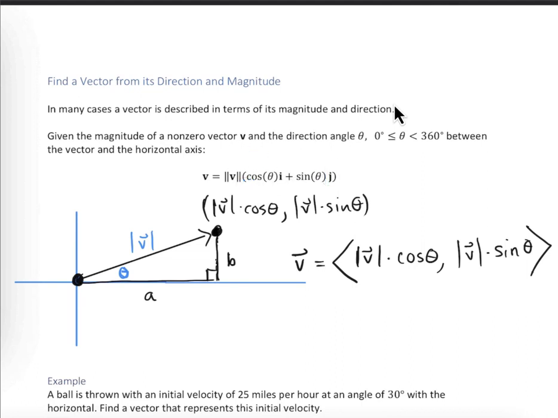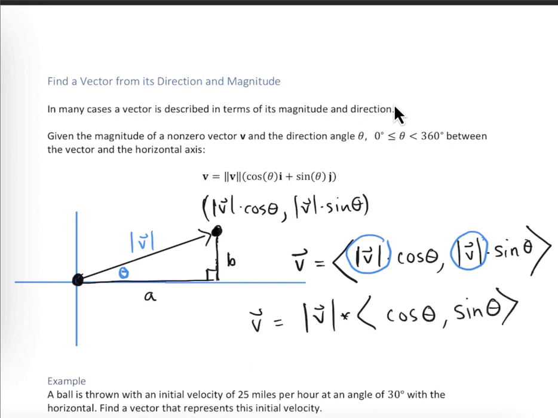And since this vector v has a common scalar quantity in both of the components, mag v, which is the scalar quantity representing the length of the vector, it's common to both components, so I could factor that out and write it as a scalar multiple of the vector ⟨cosine theta, sine theta⟩.